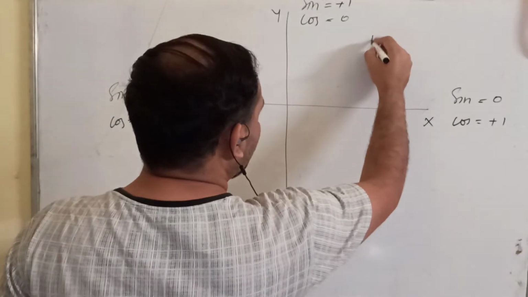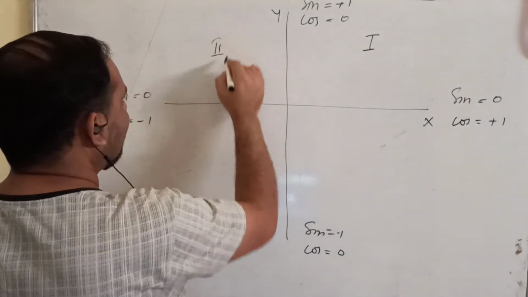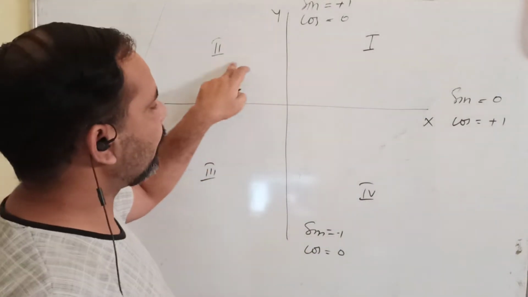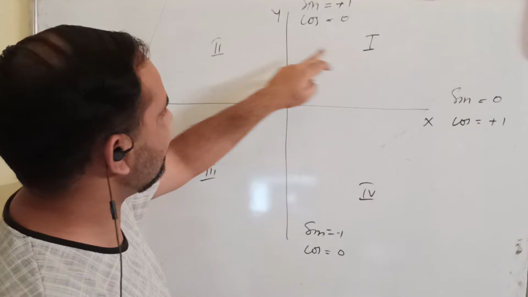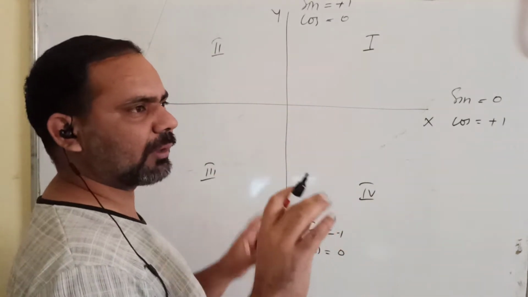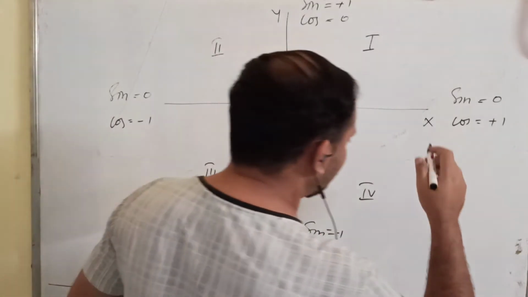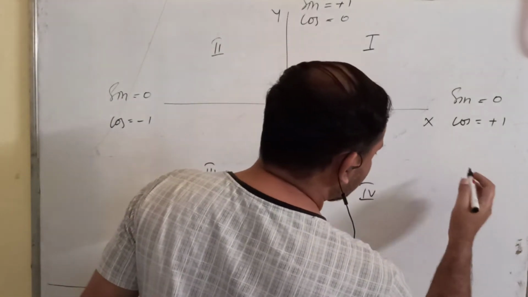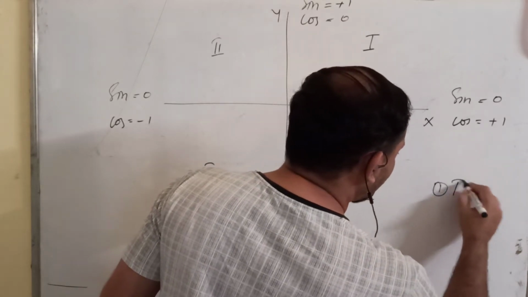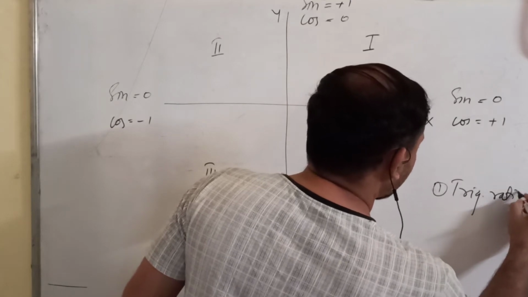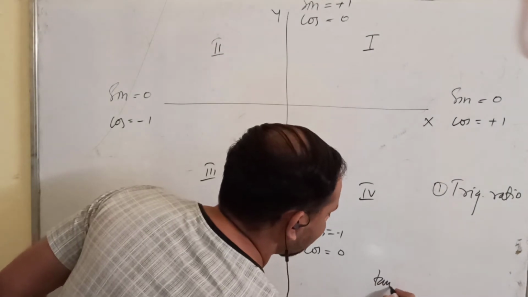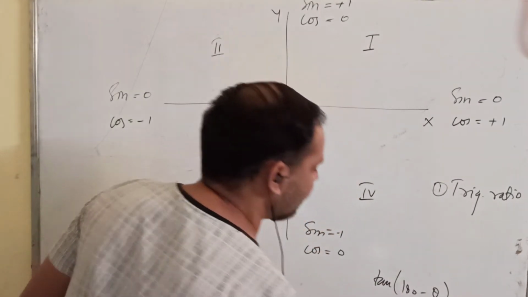Okay, now name these quadrants like this: first, second, third and fourth. These are the quadrants in anti-clockwise direction. Now whenever you want to write the answer, or you want to get the value, suppose you want to find out tan 180 minus theta.